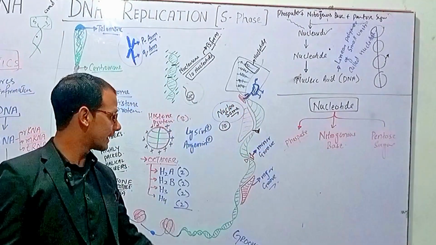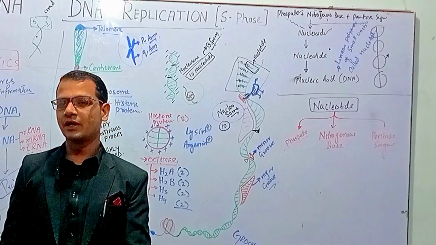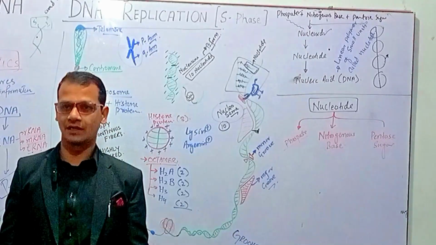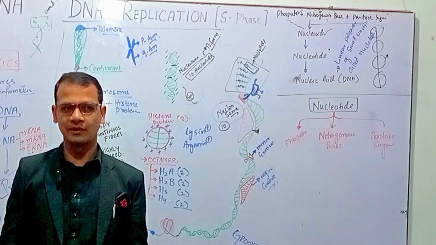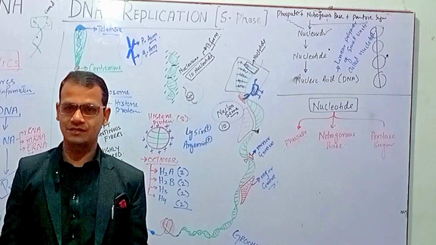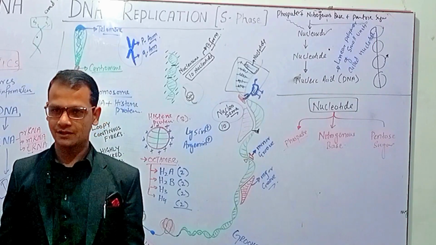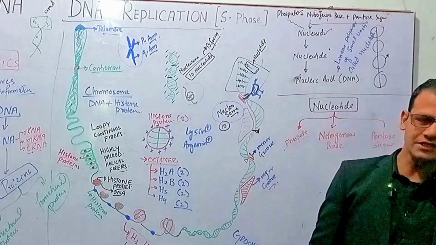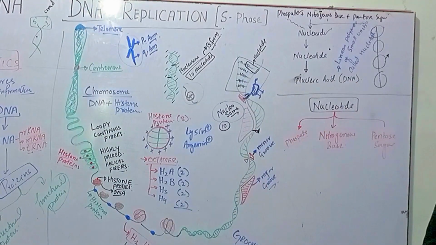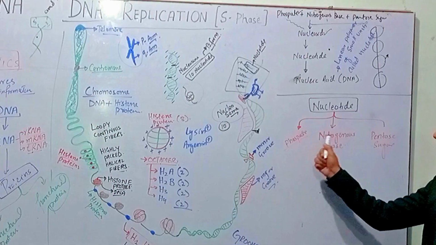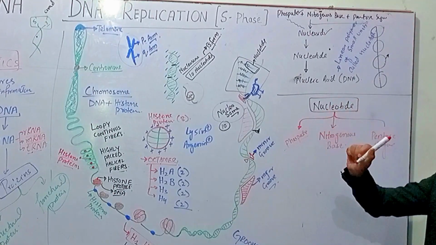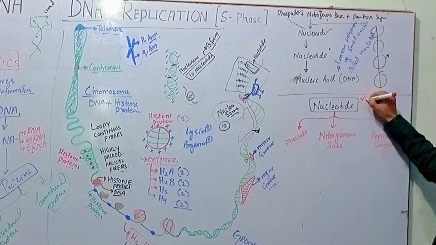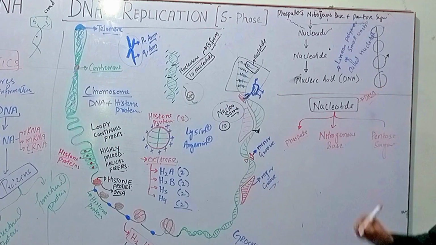After learning this DNA structure, we will compare this DNA with cell membrane, and you people will ask me the differences and similarities. So one is phosphate, the second one is nitrogenous base, and the third one is pentose sugar. Collectively these three things form nucleotide, and nucleotide forms DNA, right?